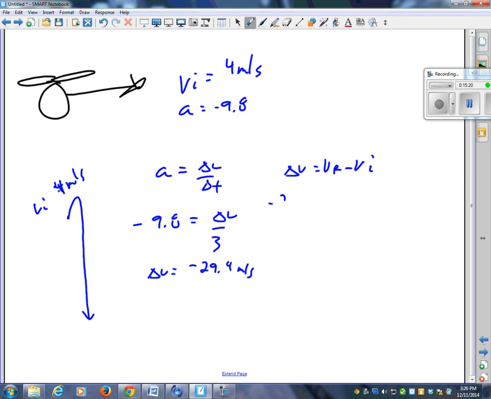So the delta v is minus 29.4, which is v_f minus 4. That minus 4 goes to the other side and becomes plus 4. So 4 minus 29.4 is minus 25.4, right? The v_f is not the same as the delta v because v_i is not equal to 0. If you miss that step, the rest falls apart. However, if you show your work, you'll get credit for it. So there would be 2 marks for that.